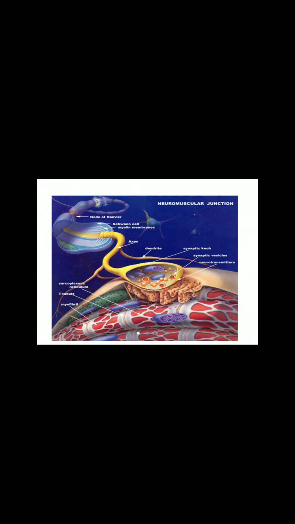So acetylcholine is released, and acetylcholine will come and fit onto the receptors which are abundant on the post-junctional membrane.